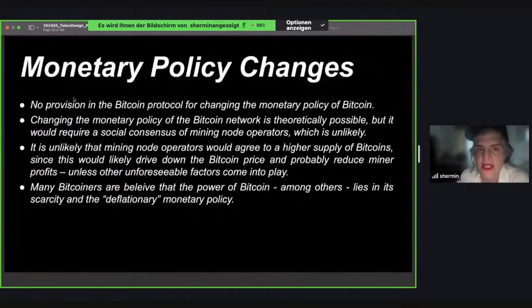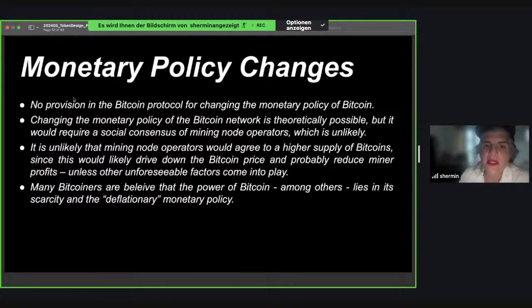Monetary policy changes in the Bitcoin network, as I said, are not provisioned for. There is no provision to, for example, adapt the exchange rate so it is stable against a different currency.